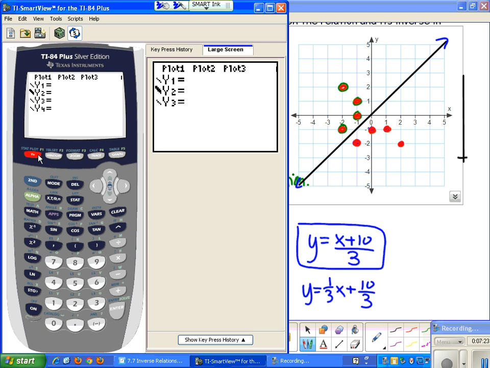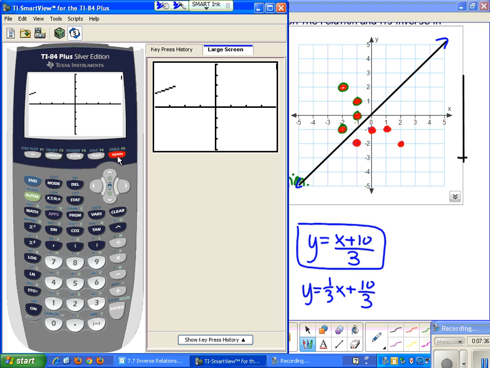So if I plug this into my y equals on my calculator, I have (x plus 10) divided by 3, and I just wrote this equation over here. If I hit graph, notice the graph is just a line where my slope is 1/3 and my y-intercept is 10/3.